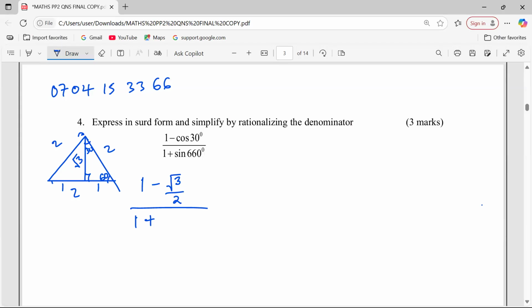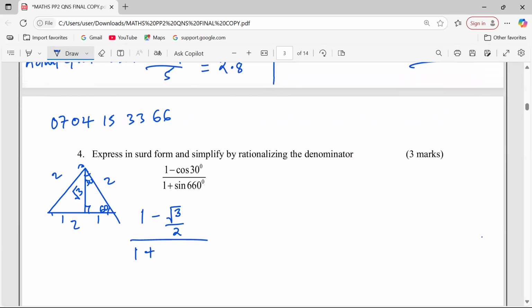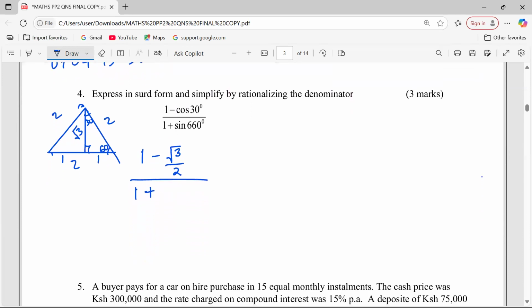Something else that you're supposed to understand is that, in trigonometry, you've learned angles greater than 360. So this angle, which is greater than 360, which possible acute angle shall represent it? Go to the unit circle. The first round will give us 360.